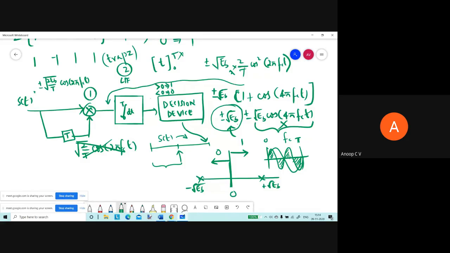Then after that integration, we have to take a decision. If greater than 0, we'll assume it was a 1. If it is less than 0, we'll assume it was a 0. Then we have to simply append the decision taken during each bit duration to get the demodulated signal. That's what we are going to do.